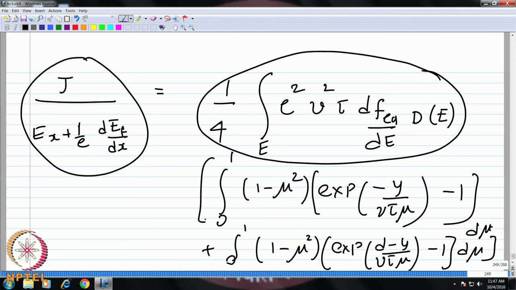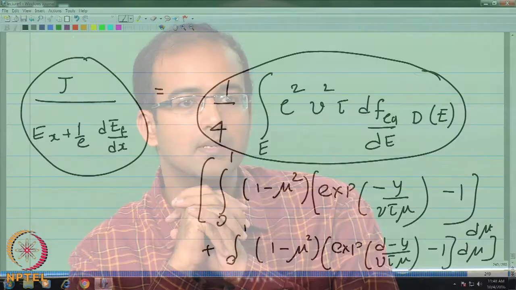Okay. So now if you look at J divided by Ex plus 1 by E dEf by dx, okay, what is this? What does your Ohm's law say?